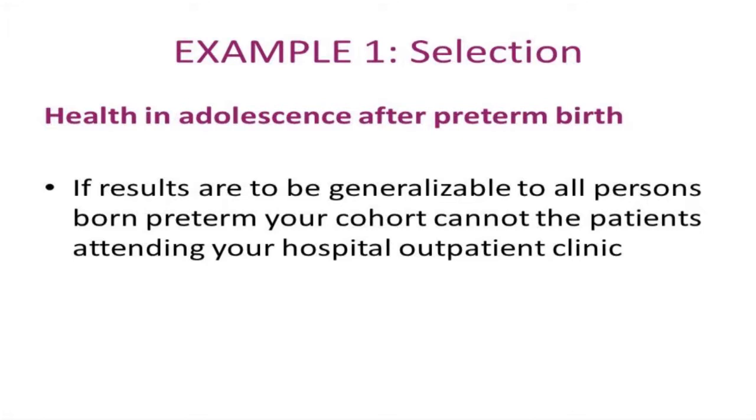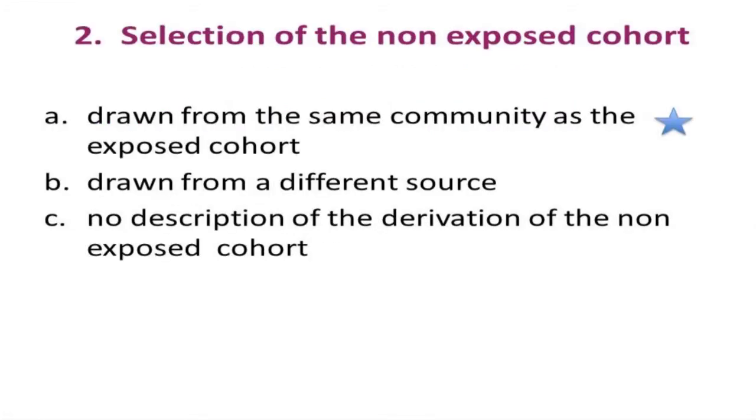They might not be healthy. And that might not be the best way to select a cohort if you want to study effects in general after preterm birth. That's just a very simple example of selection.